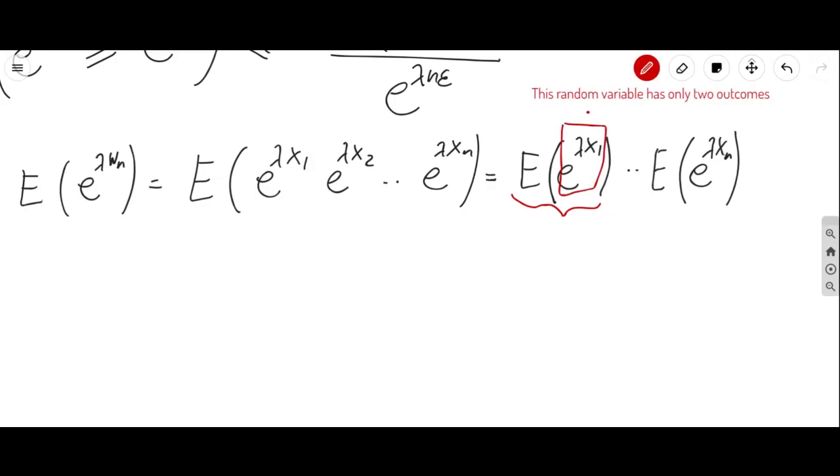So there's only two outcomes, e to the lambda or e to the negative lambda. They happen with equal probability because this is a symmetric coin. So the expectation would therefore be 1/2 (e to the lambda plus e to the minus lambda). And this one is the same thing, because Xn is a different random variable, but it does have the same distribution.